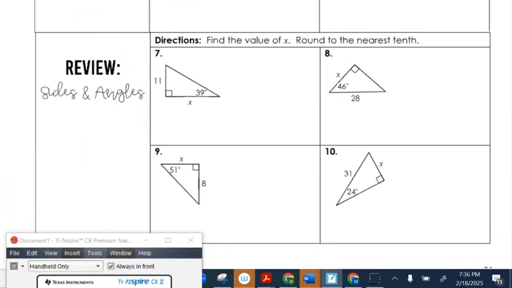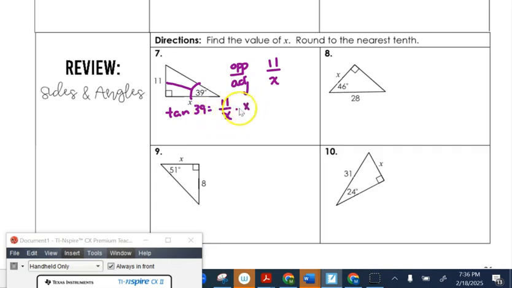This time they are giving us the angle, an opposite, and an adjacent. They're giving us 11 over x. So we are going to say that's tangent. So tangent of 39 degrees equals 11 over x. Remember how we solve for x.